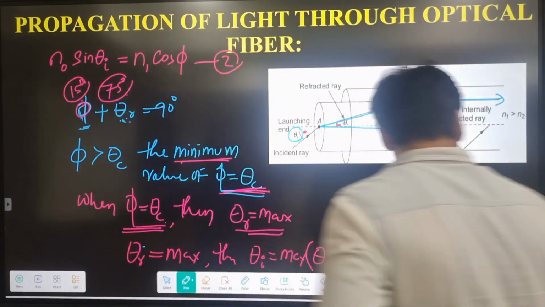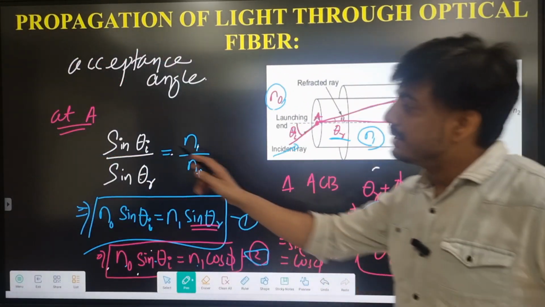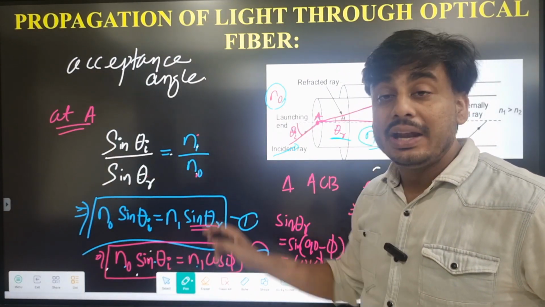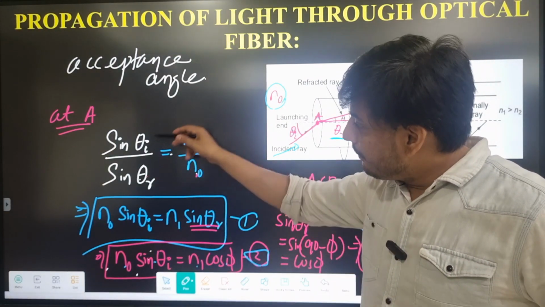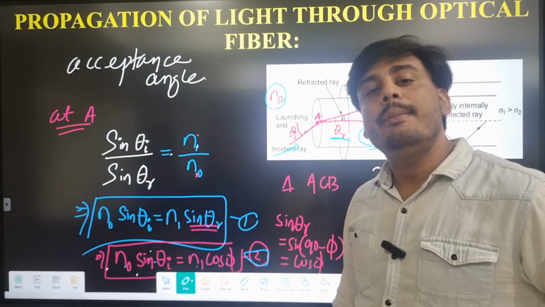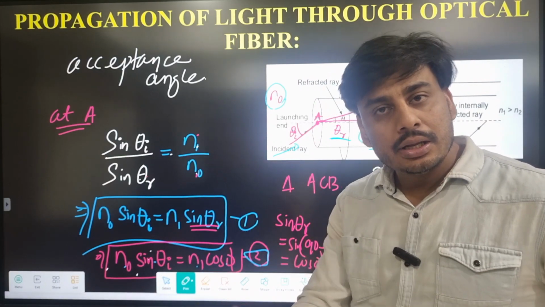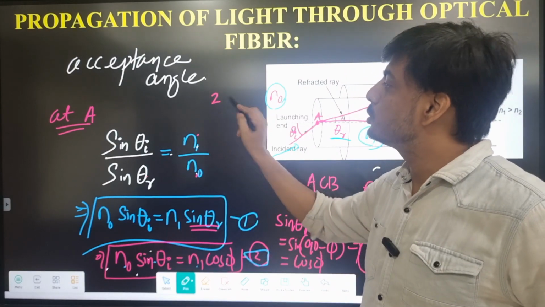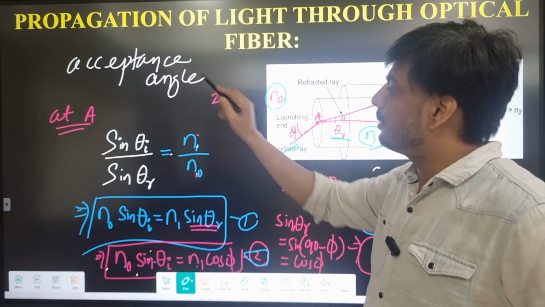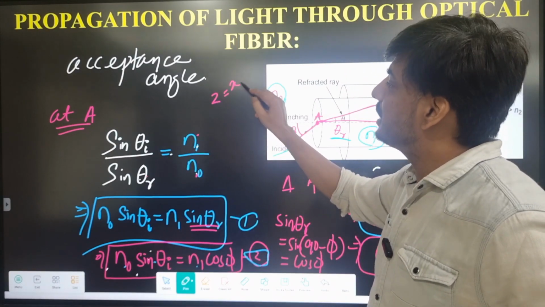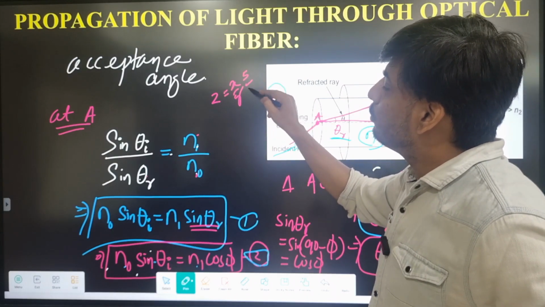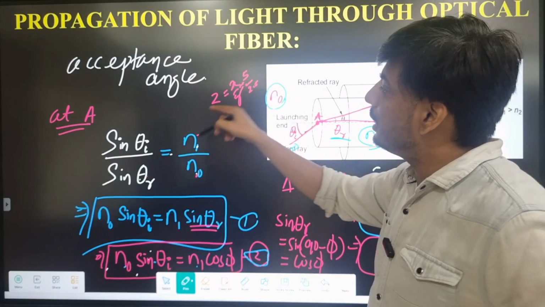Because here at this point we have written sine theta i by sine theta r equal to n1 by n0. n1 by n0 is a constant quantity. A by B is constant. If A by B is constant, that is directly proportional. If A increases, B also increases. For example, the result we need is 2, and for sine theta r, let this be x by y. So if we put x equal to 5, then y must be 2.5, so that we will get 2.